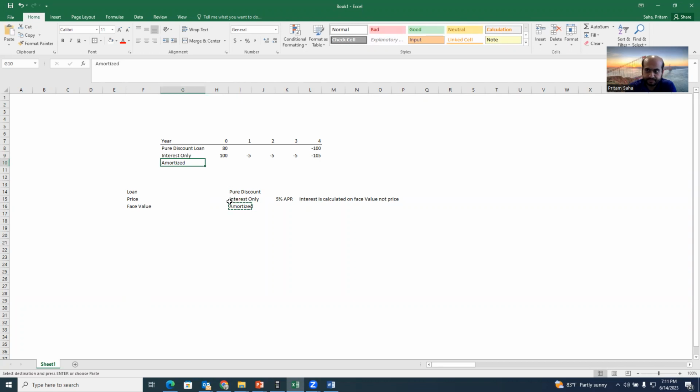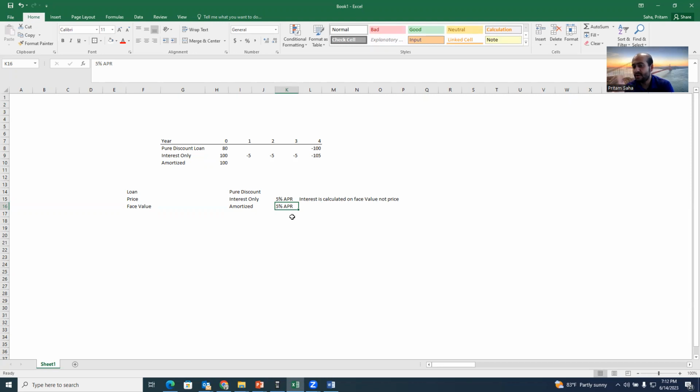Amortized loan. The definition of an amortized loan is that the borrower will get the full value of the loan today, and let's say it is issued at 5% APR. Each period, the borrower will pay an equal installment, an equal amount of money that includes both interest and principal.